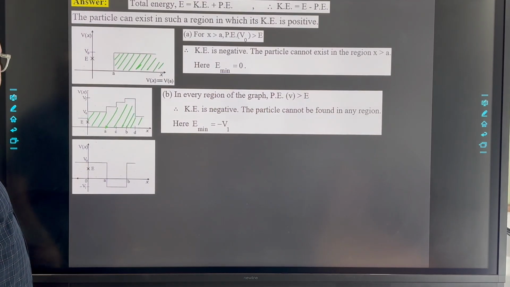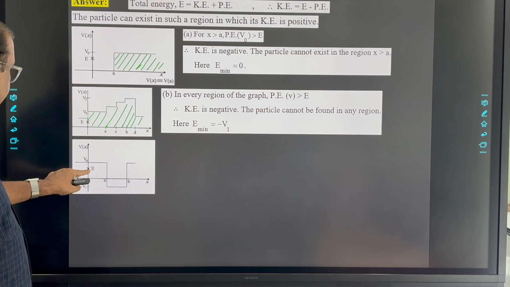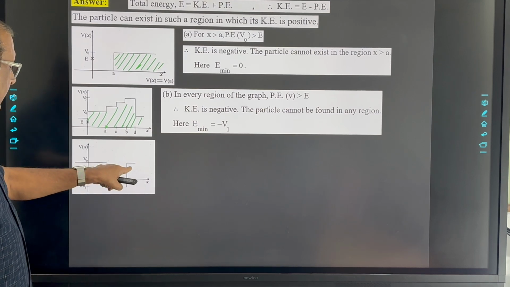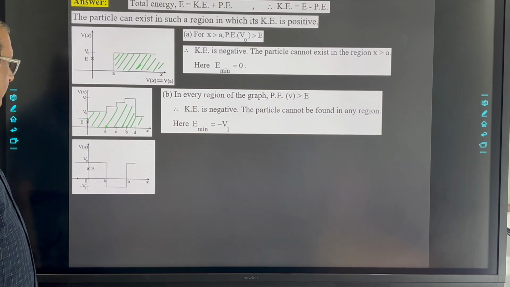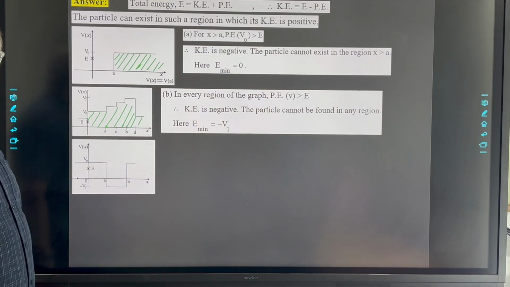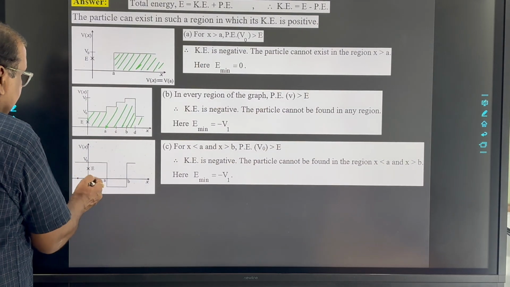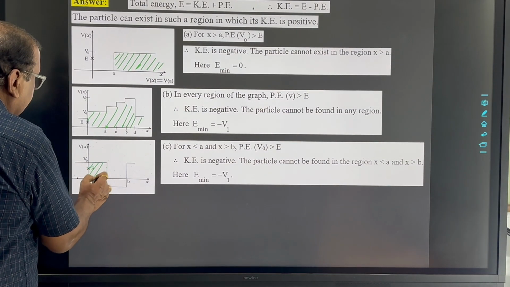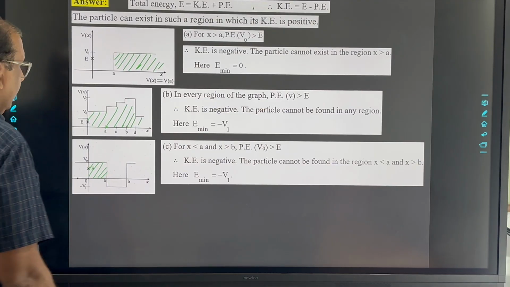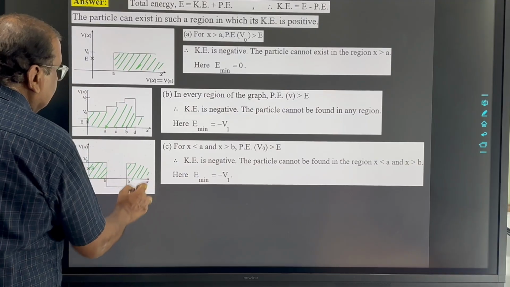Then the third one. Here, in this region E is less than potential energy, and in this region also it is less than potential energy. So x less than A means this region, and x greater than B means this region.